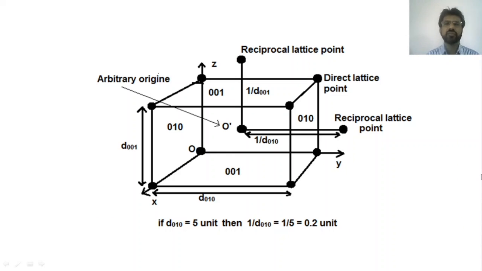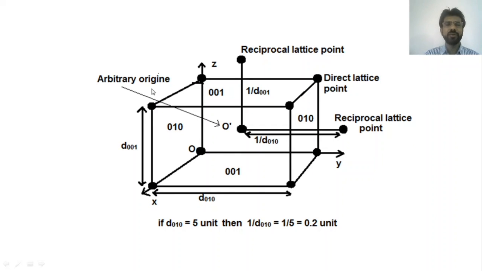Now then see here, how we can represent the reciprocal lattice in case of the three-dimensional arrangement. Now consider here this is the cube. Now if we consider the edge of the cube is equal to 5 units.